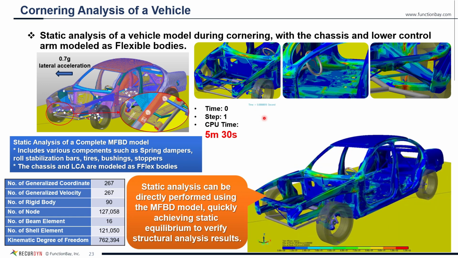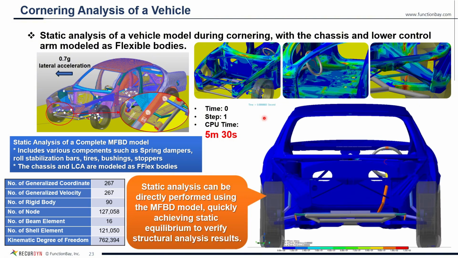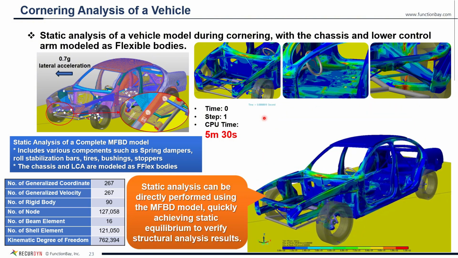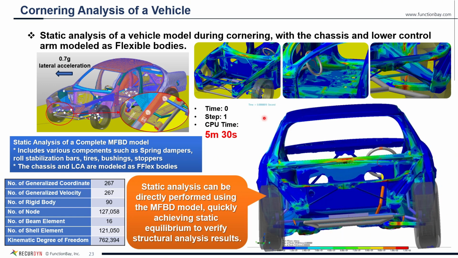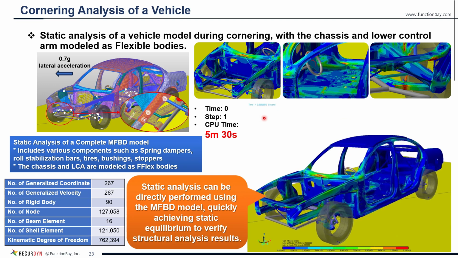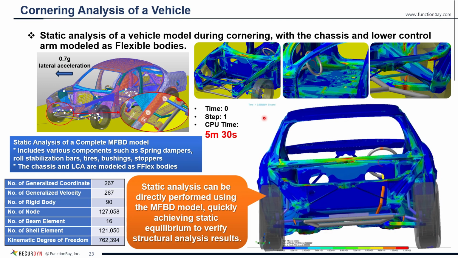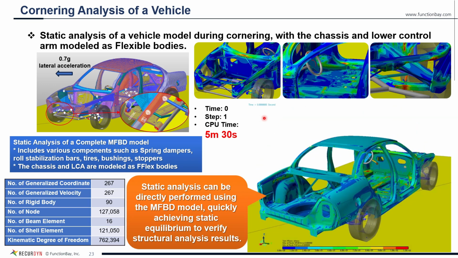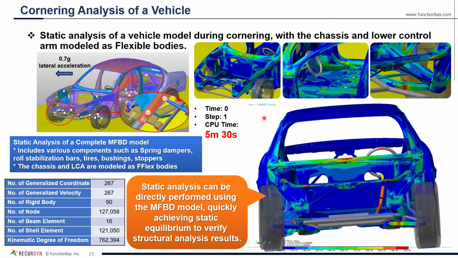While dynamic analysis is essential when the dynamic effects such as inertia or vibration play a critical role, static analysis becomes a powerful tool in scenarios where these effects are minimal or can be reasonably neglected. In such cases, static analysis allows engineers to quickly refine models and set approximate directions, making it a valuable tool for early-stage decision-making.